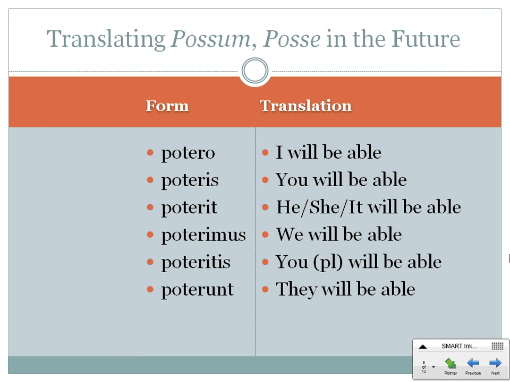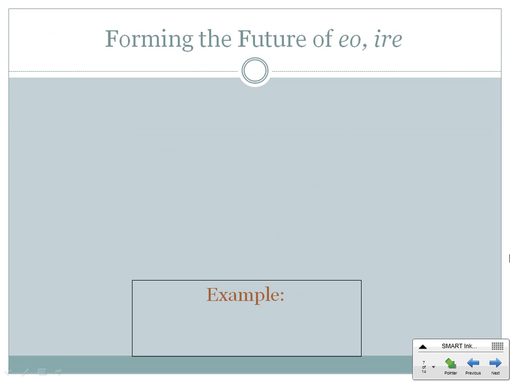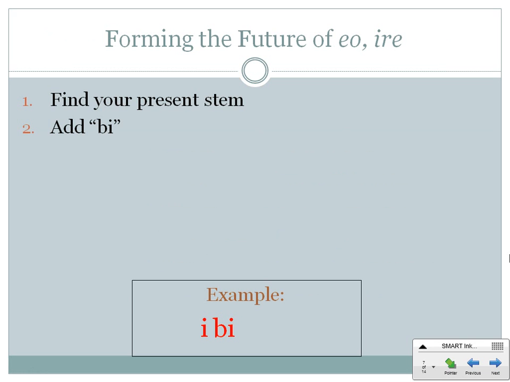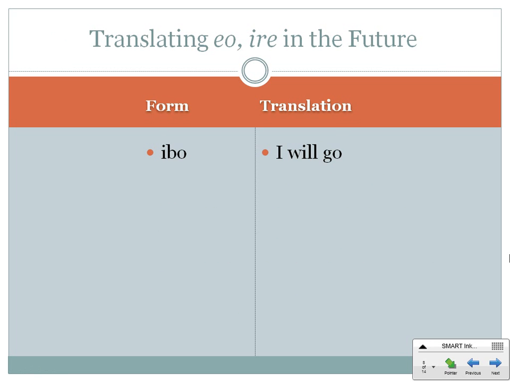And moving out of the incredibly irregular verbs in the future tense, we're going to move on to eo, ire, which is the only one to use the bi. So you're going to find your present stem, which is just an i, add bi, and add your personal endings.